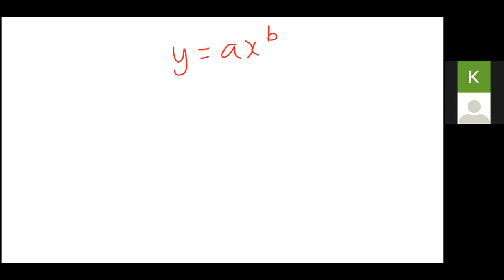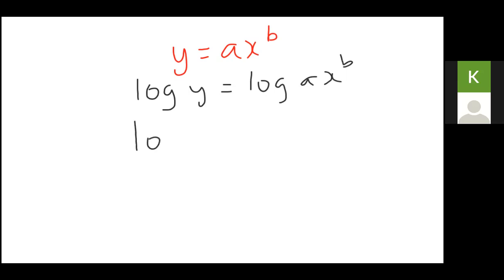Remember, the first thing you want to do is take log on both sides. So it was log of y is equal to log of ax to the power of b. Next thing you want to do is this, right? Let me use a different color.